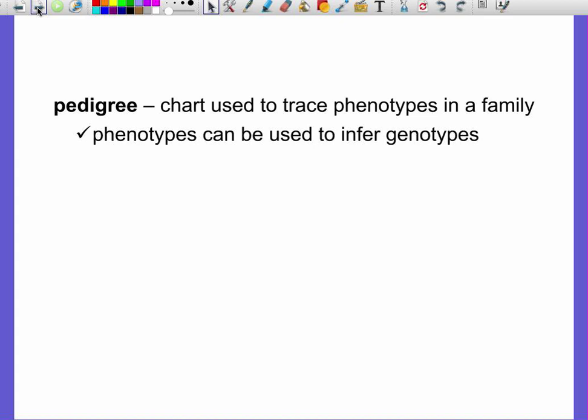Right? Phenotypes can be used to infer genotypes. A few things that you need to know about pedigrees so that we can go through this and work with it are that when you see a square, it's supposed to represent a boy. And a circle represents a girl.